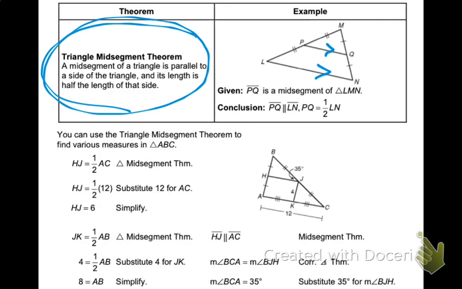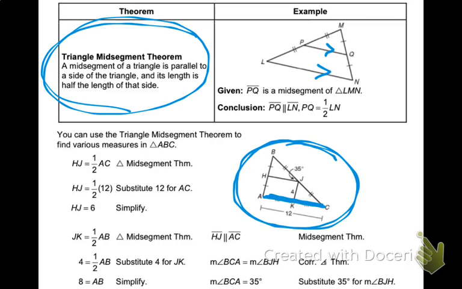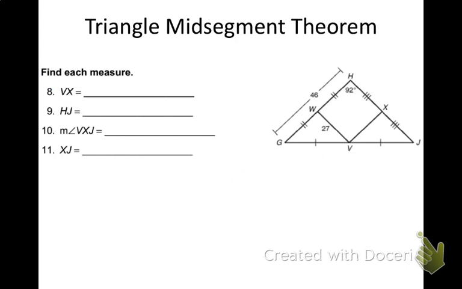So for instance, up here, it gives me this triangle. It says AC is 12 right here. What does HJ have to be then? HJ has to be what, Troy? 6, because it is half of that third side. Nice job, sir.